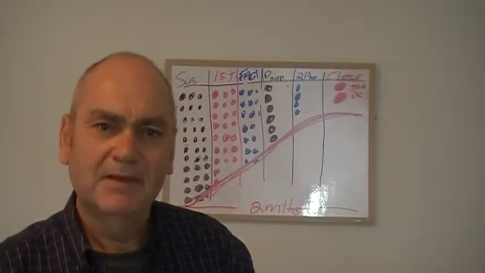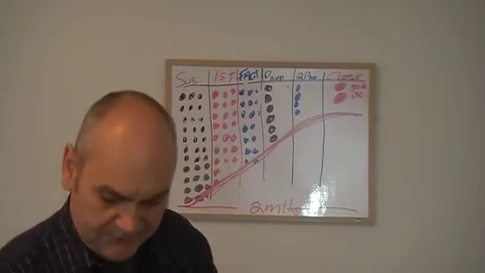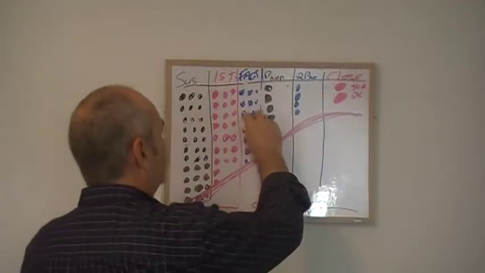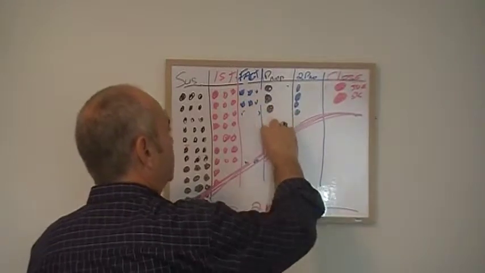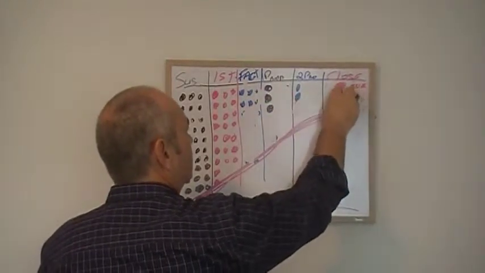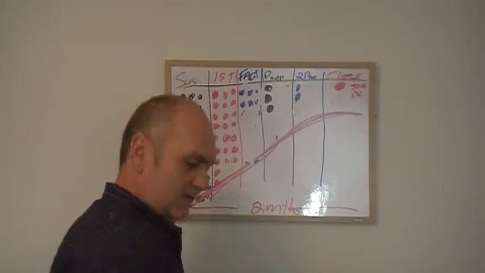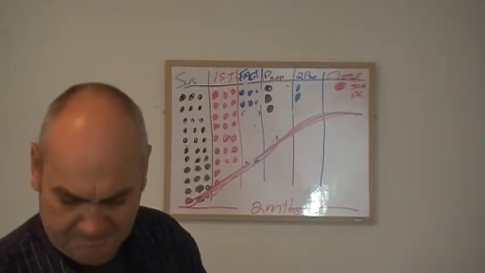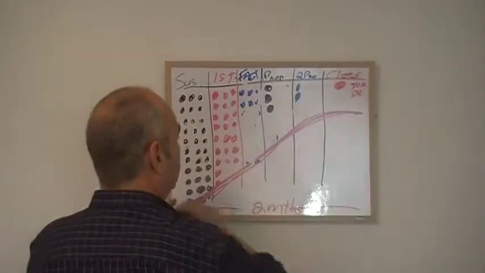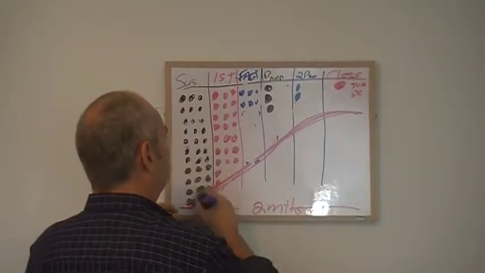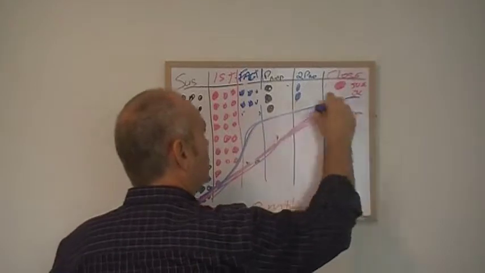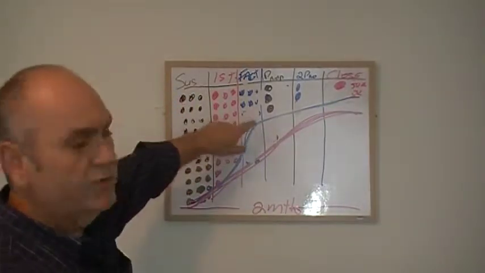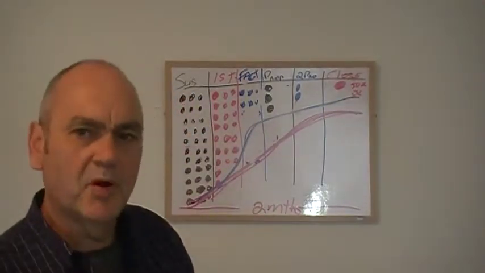Now, if for some reason this curve does this, instead of curving that way, like that, it curves this way. Right away you know where your problem lies.